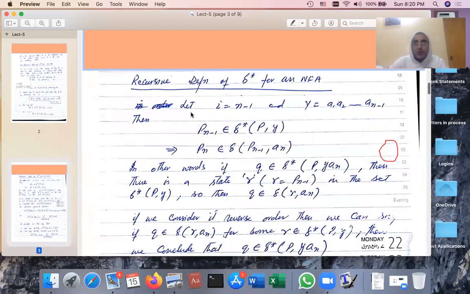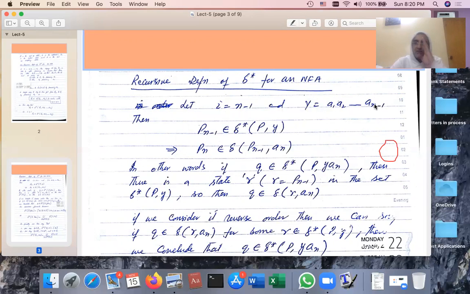So suppose, or let, i is n minus 1, which means the previous state. i is n minus 1, not n, not an or Pn. And our string y is A1, A2, up to A(n minus 1).